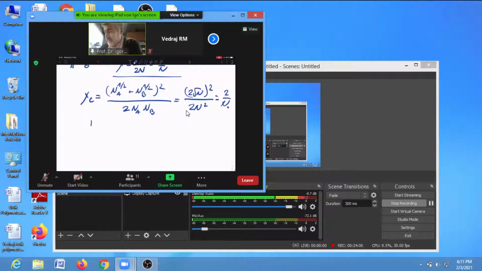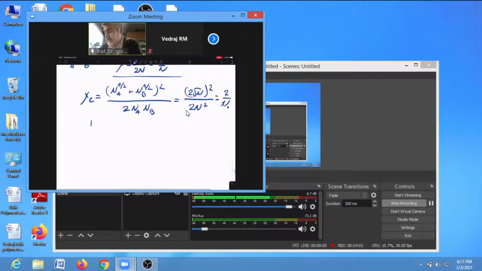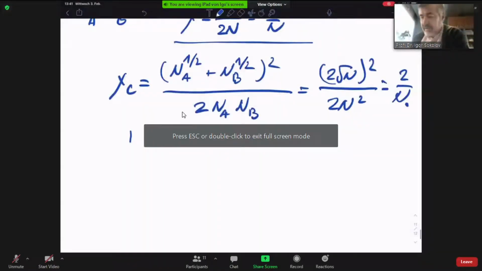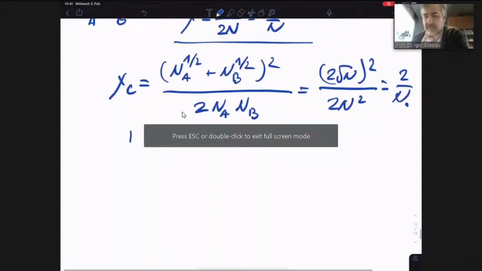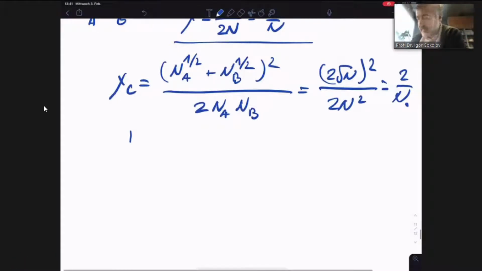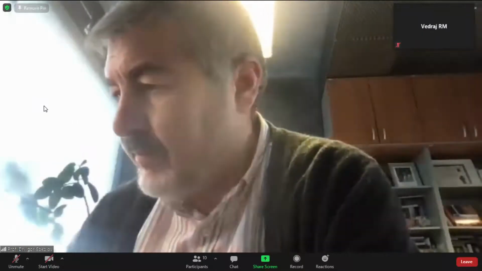So this common tangent is symmetric. It's not very symmetric in my picture, but somehow it did not show you the full screen. I will do it once again.